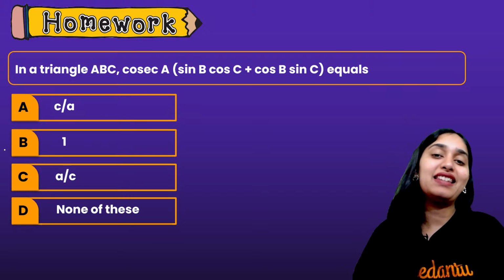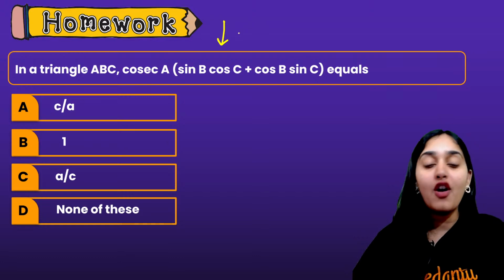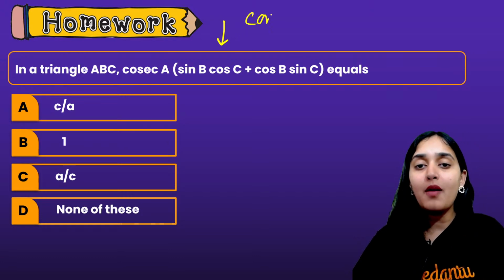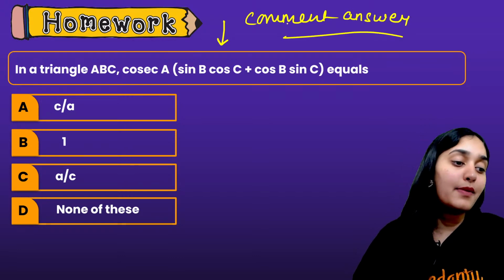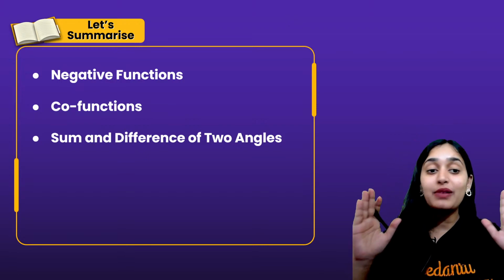Okay guys, then that's all for the day. This is the homework question for all of you. Solve it and comment the answer quickly for me. I'll see whether you are able to solve these types of questions or not. So finally we have completed the chapter.